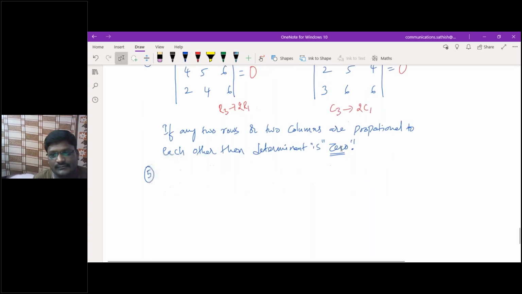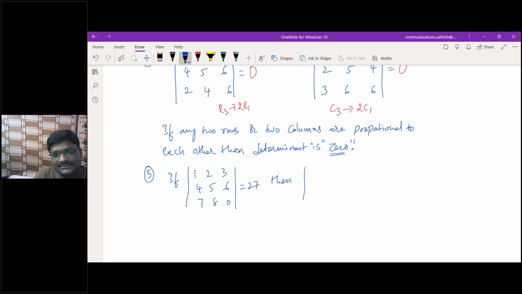Next one. I think you already calculated here. If the determinant of 1, 2, 3, 4, 5, 6, 7, 8, 0 is equivalent to 27, then can you tell me the determinant for this?